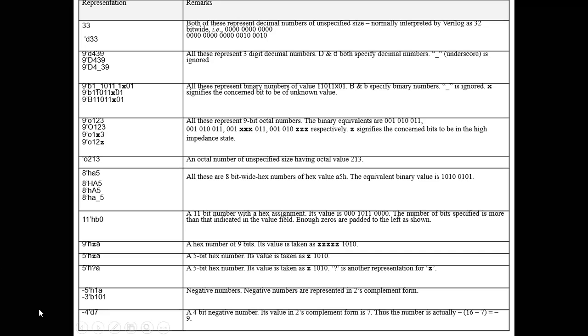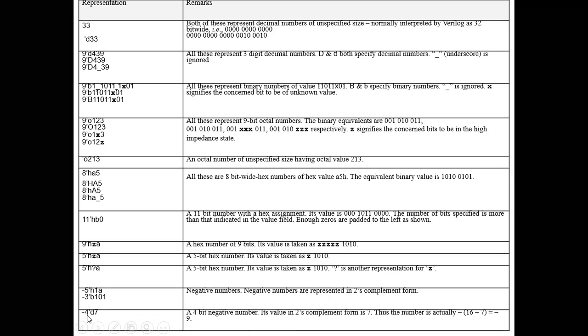Now you can see here we are indicating the negative numbers. It's a 5-digit negative number, which is of hexadecimal indication. So it's a negative number. Negative numbers are represented in the 2's complement form. You know how to calculate that.